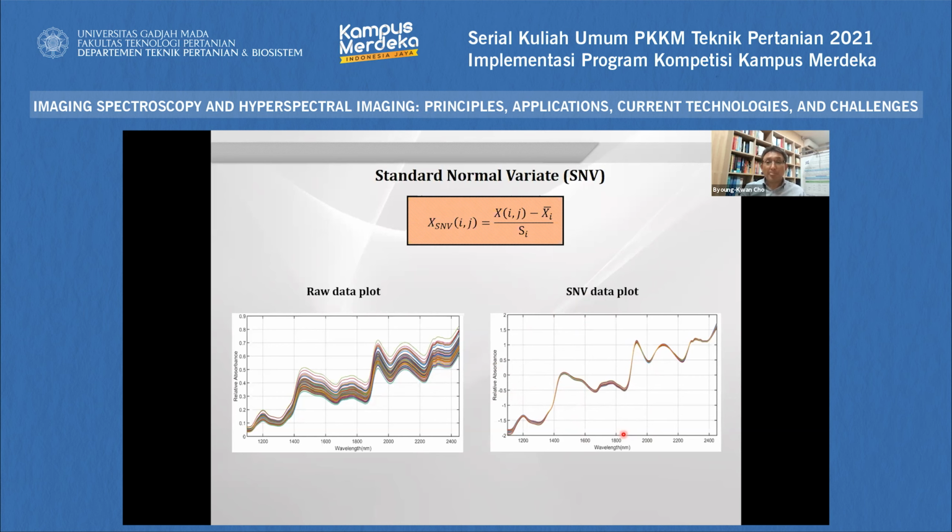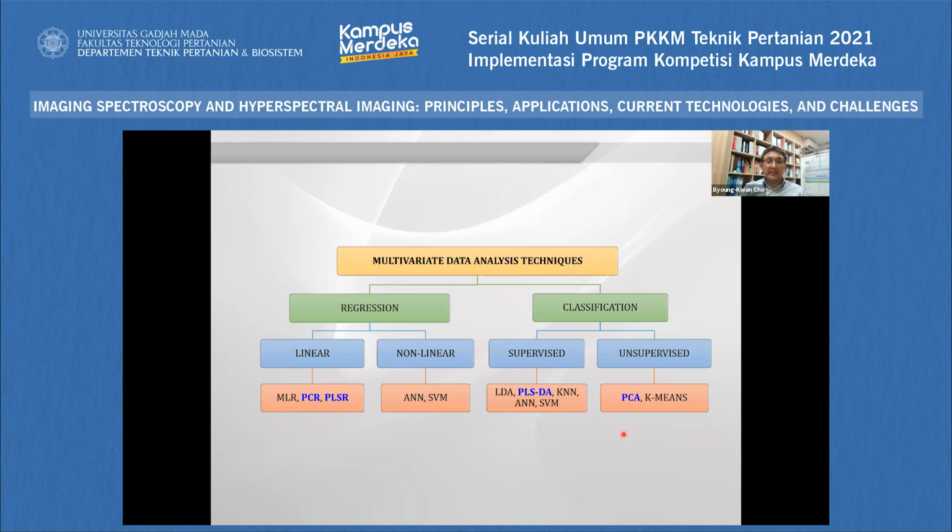Data modeling is also another big area, so we cannot cover this one in a very short time. It is a quite complicated area. Mostly spectral information analysis is about multivariate data analysis techniques.